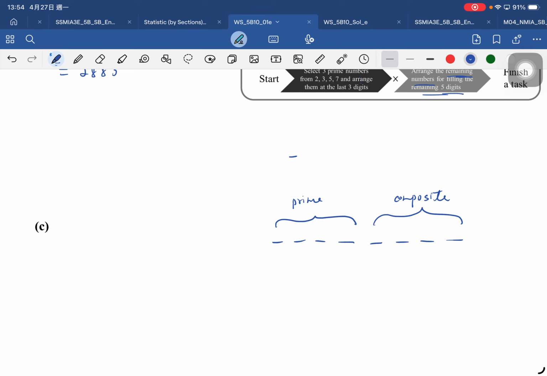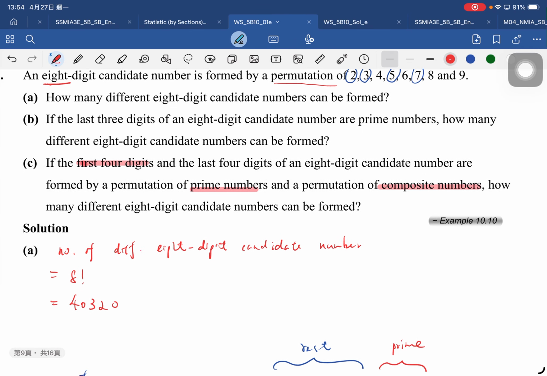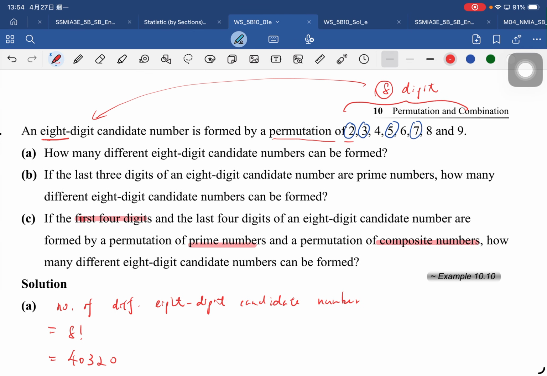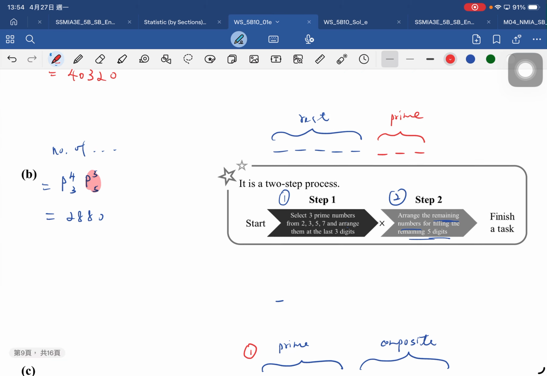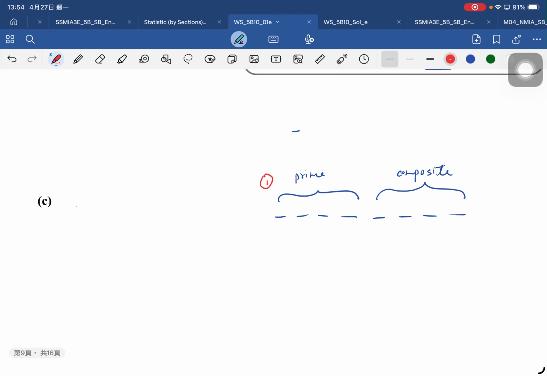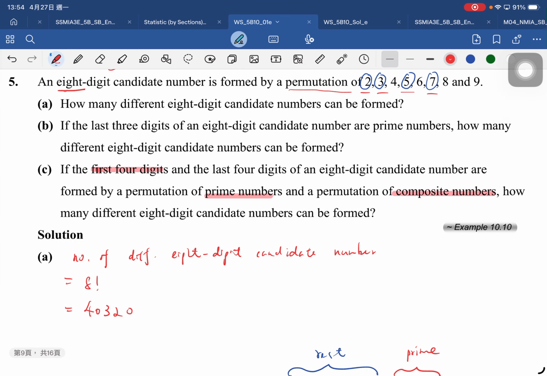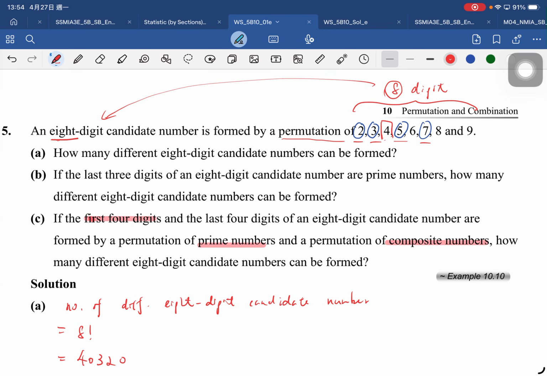So now what are the steps? Step 1. Amongst the 4 prime numbers, you select all of them and then place them at the beginning. So that means no choices, just arrange them. Arrange all of them, no need to select. So it is 4 factorial. Okay, and then for the other 4 digits, the rest of the 4 digits are exactly the composite numbers.